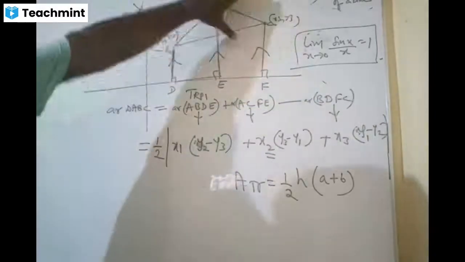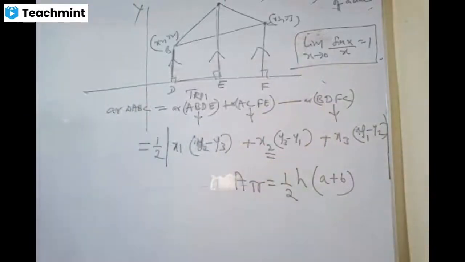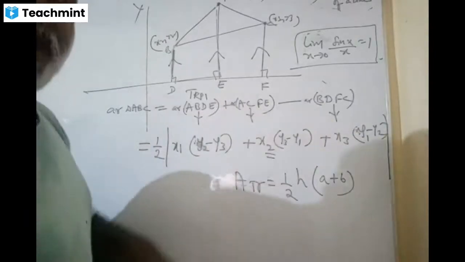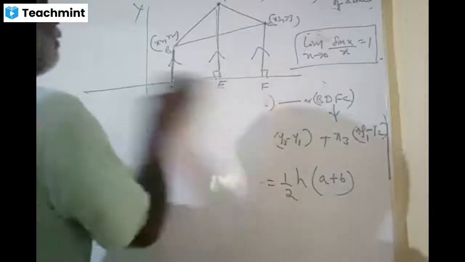Okay? So this is about the area of a triangle. And from this we will extend it to the area of a quadrilateral also. You need not have any formula for that. You can find the areas of two triangles and add them, you get the area of the quadrilateral.